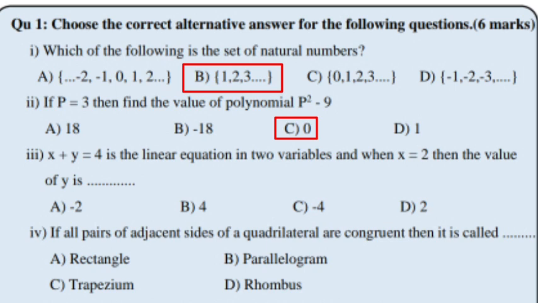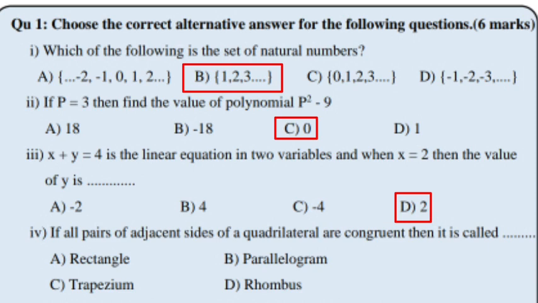Third question, x plus y is equal to 4 is the linear equation in two variables, and when x is equal to 2, then the value of y is dash dash. Options are A, -2, B, 4, C, -4 and D, 2. So the correct answer is D, 2.